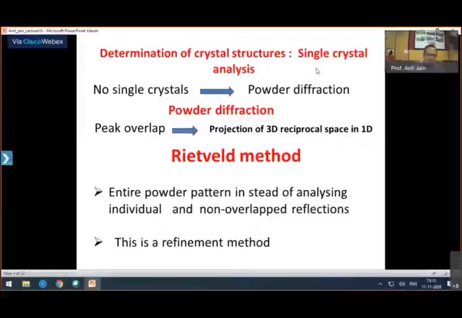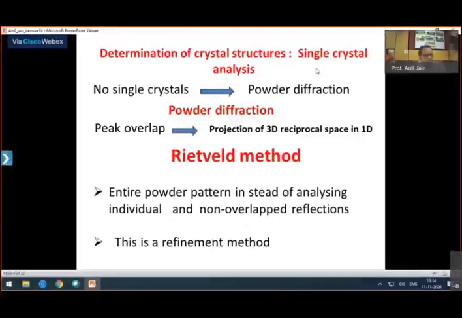Now, in general, ideally, if you have to determine the crystal structure of an unknown material, what you need is single crystal data. But you know, synthesis of a single crystal is a tedious task, and especially if you want to carry out a neutron scattering experiment to determine the crystal structure, then it becomes more tedious because neutron flux generally is low, so you need a bigger size crystal.